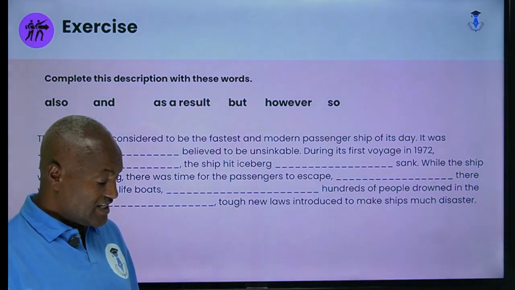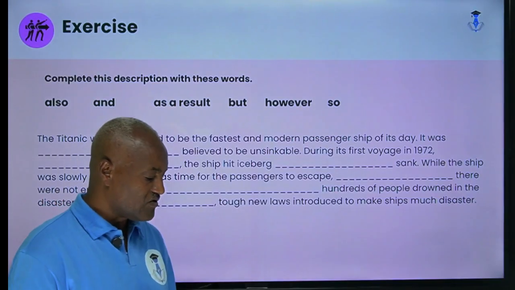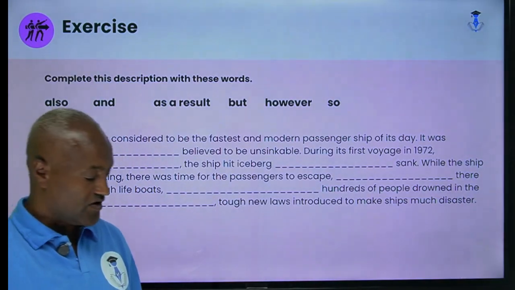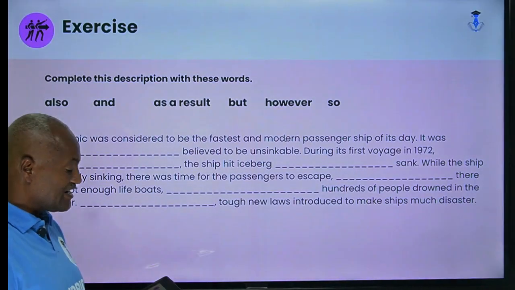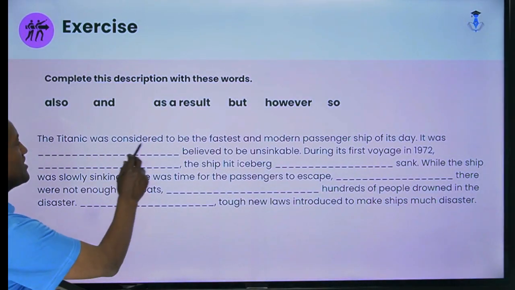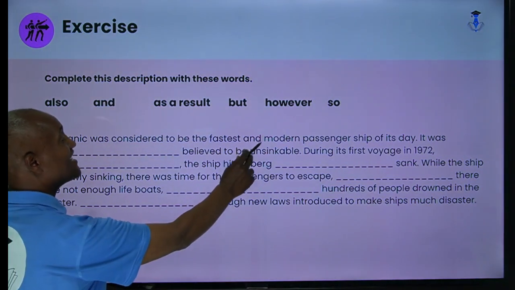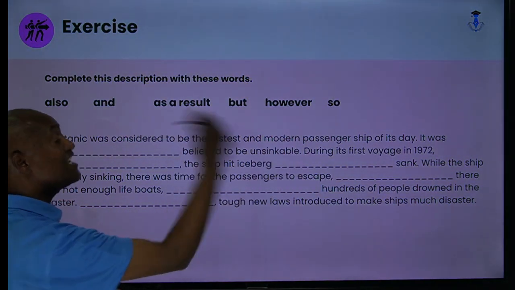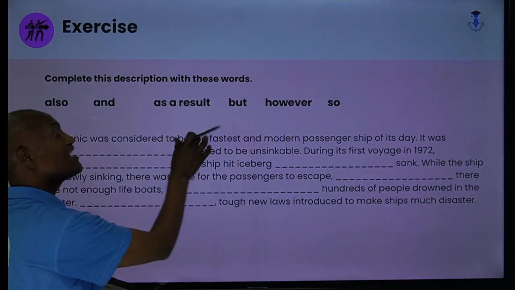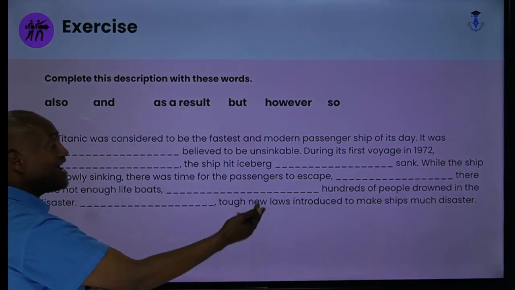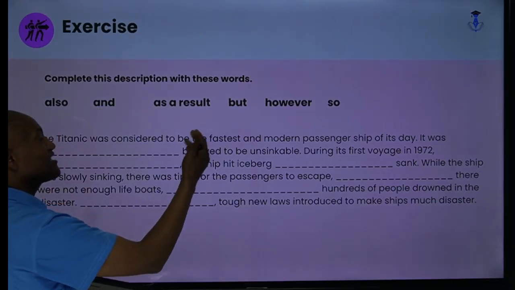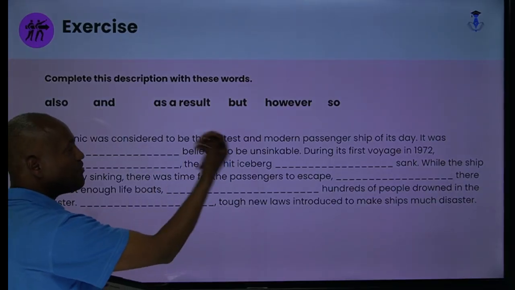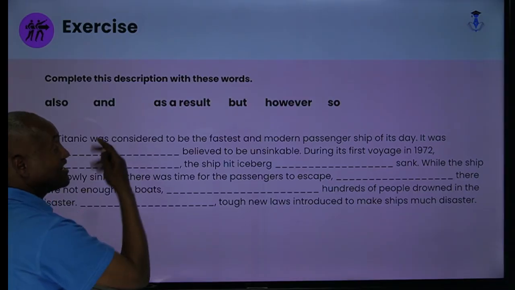The Titanic was considered, for instance, let's do the first together, the rest I'll leave for you. Yes, the Titanic was considered to be the fastest and modern passenger ship of its days. Now here, the first sentence is admiring, that means, telling us about the positive strengths of the Titanic, the ship.